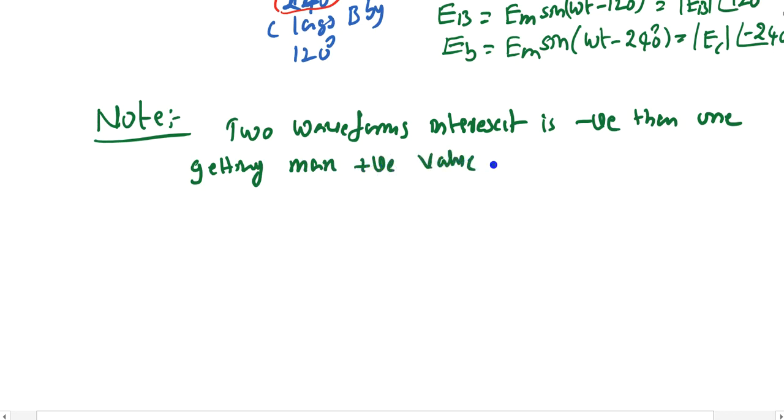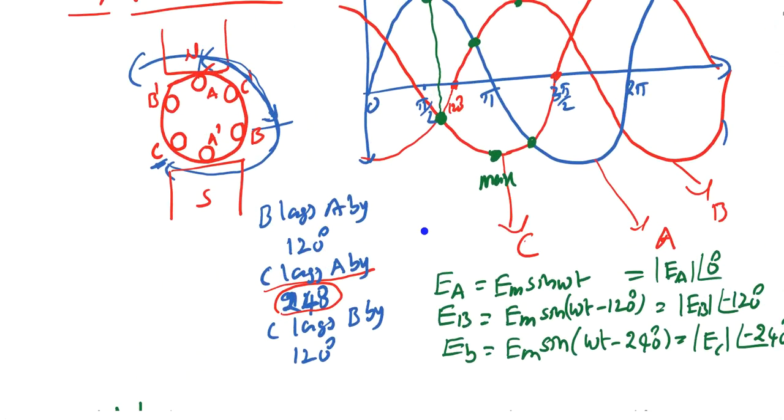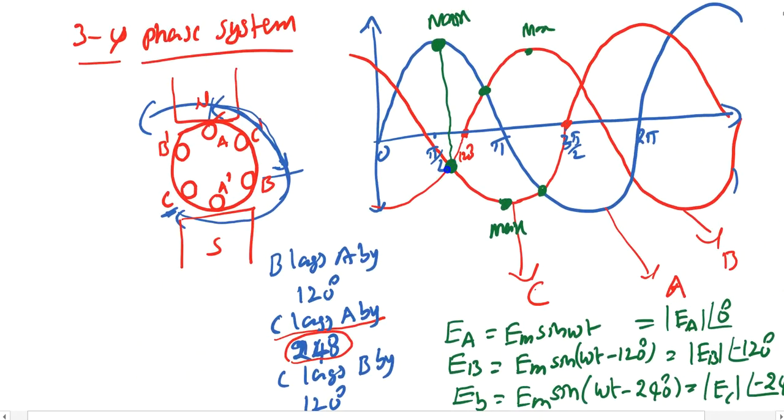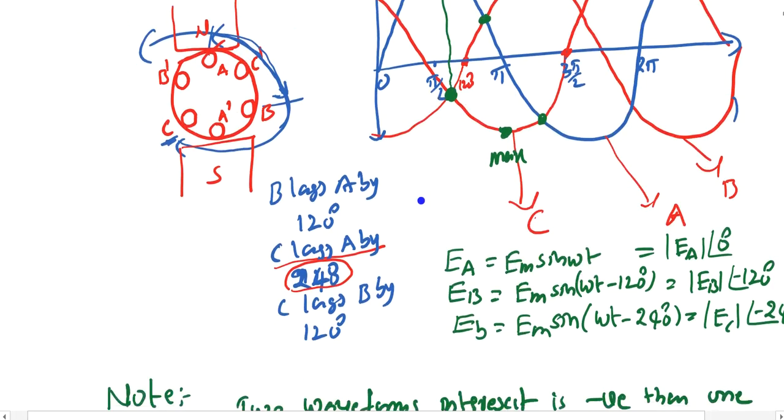That is the first case you can see here. Two intersecting at a negative point, then one of the waveforms is going to a maximum positive value.